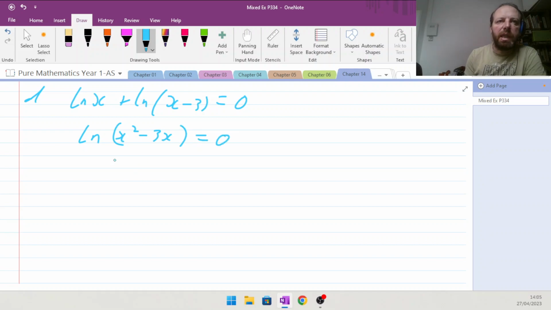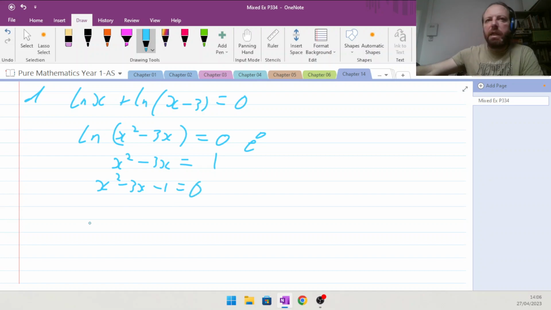And so with that, we can say the x squared minus 3x equals 1, putting it all to the power of e, okay, or e to the power of it. So that becomes the 1 there. So with that in mind, we get x squared minus 3x minus 1 is equal to 0. Putting that through a quadratic solver on that calculator.